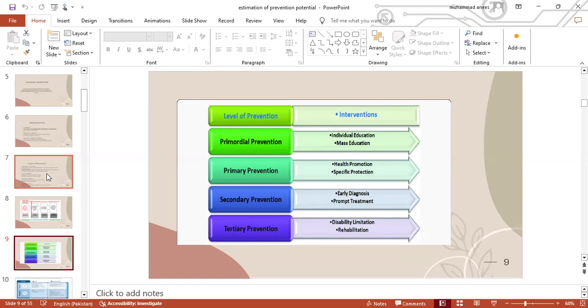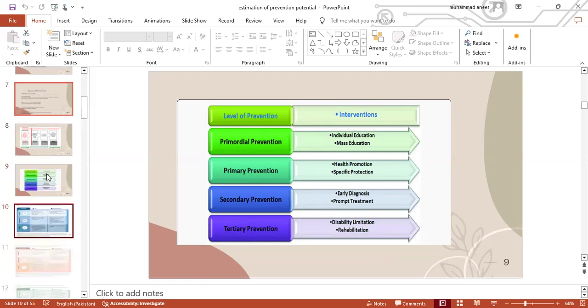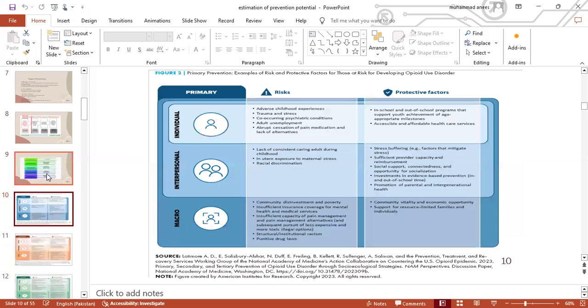Let's have a quick example for the overview of the primary, secondary, and tertiary preventions. So these are the primary prevention examples of risk and protective factors for those at risk for developing opioid use disorder. It's taken from a research. It shows the risks at the individual level, interpersonal level, and macro level being the environment.